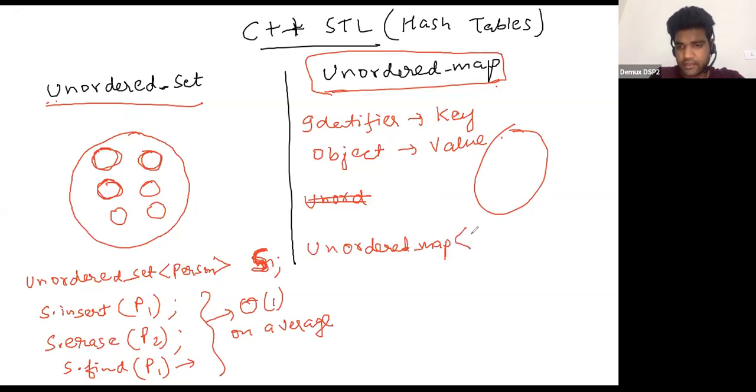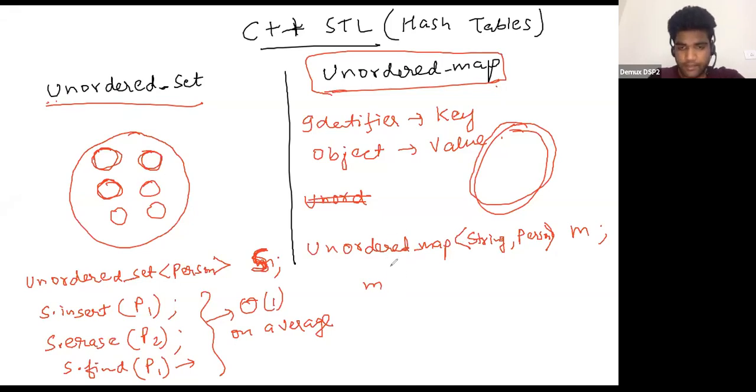Let's say if it's a roll number, it can be a string, and then the entire value, let's say it's a person, and this could be, let's say, M. So this is how you create one such container, and then you can insert.